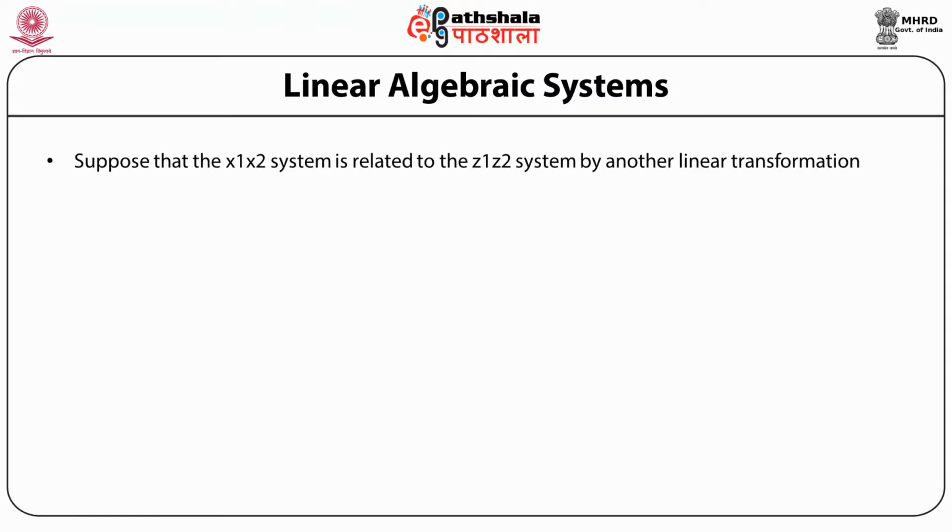Suppose that the x1 x2 system is related to the z1 z2 system by another linear transformation.